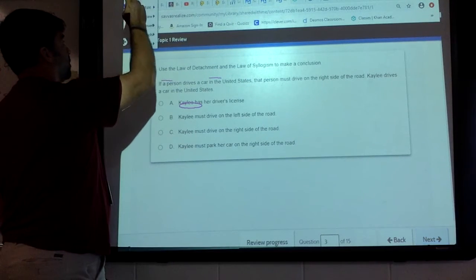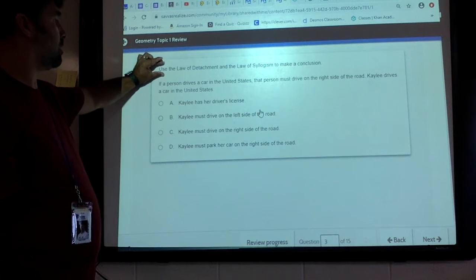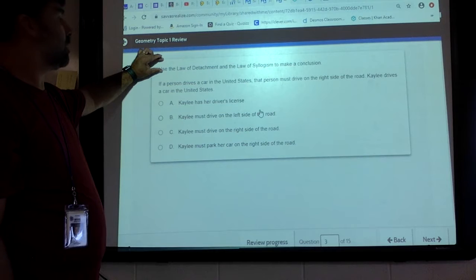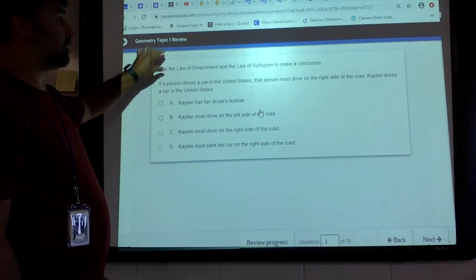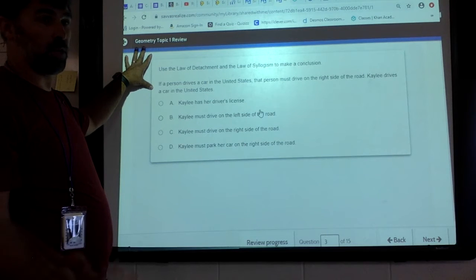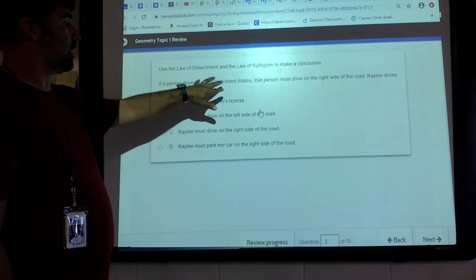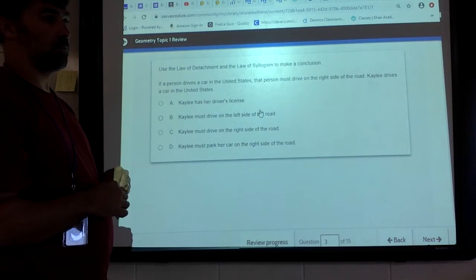All right, this one, don't get all crazy about it. You read this, it says the law of detachment and law of syllogism. Don't worry about that. I know we have not talked about this, and we won't. But basically, there are laws that include reasoning, which if you have, you can answer this question. So it says, if a person drives a car in the United States, that person must drive on the right side of the road.